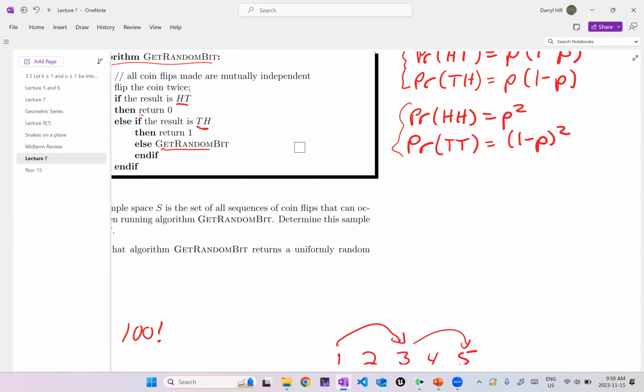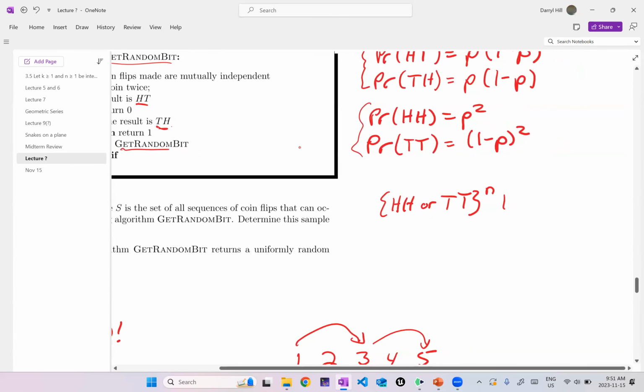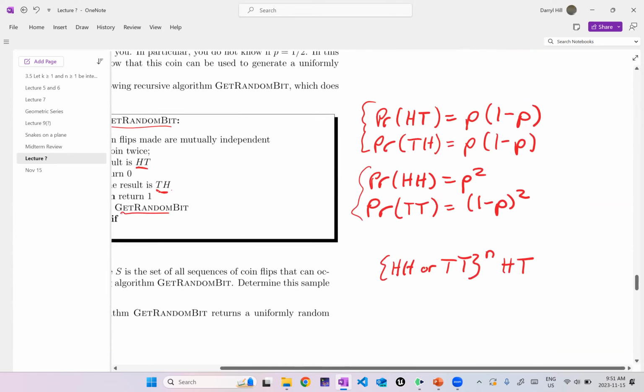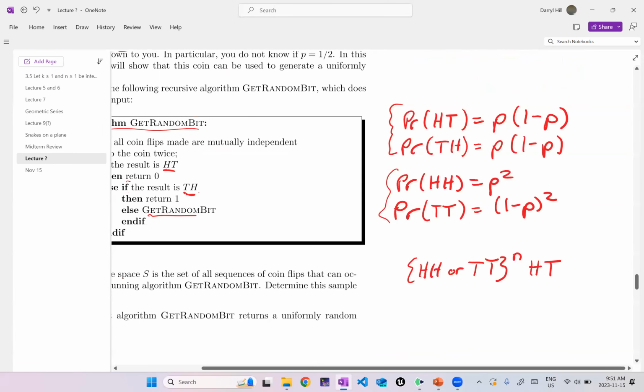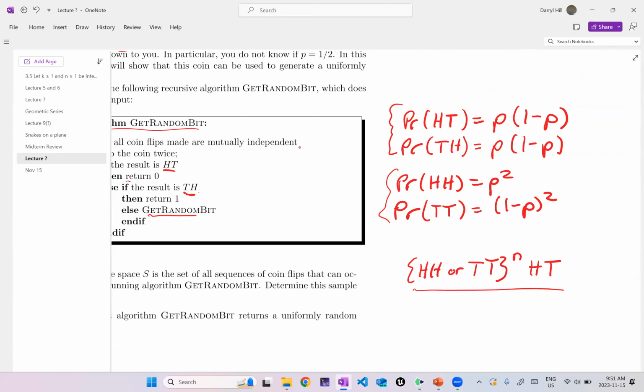I'm going to get heads heads or tails tails some number of times, followed by heads tails, right? So I want to find the probability that I'm going to return a 0. So the outcomes that map to returning a 0 all look like this. Okay, does that make sense? Similar to what we did last class.